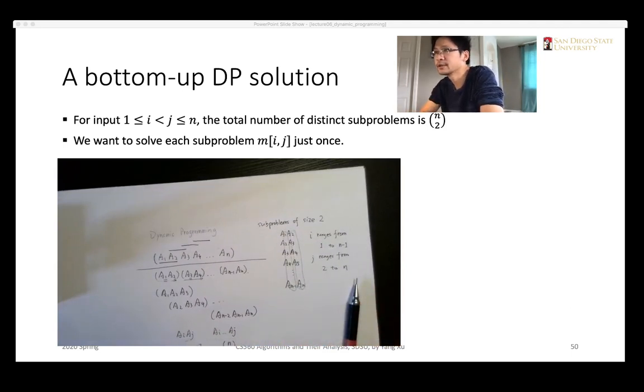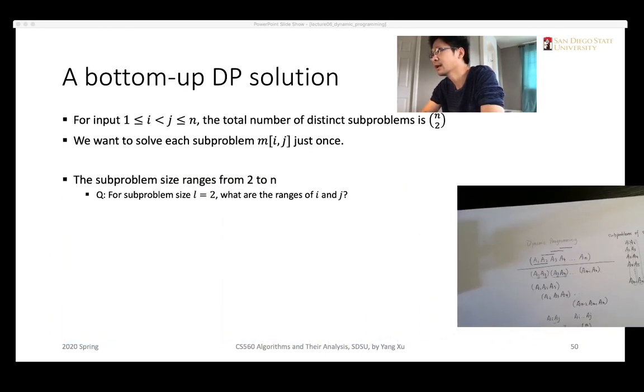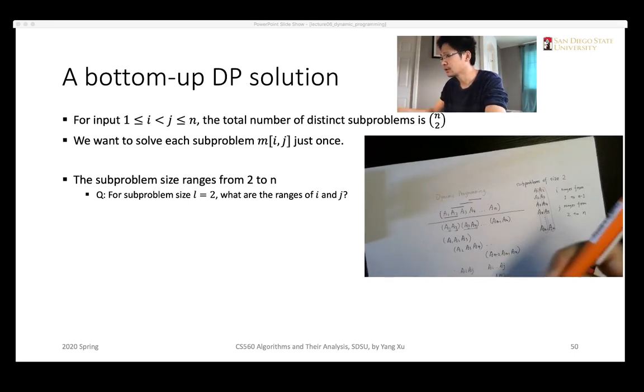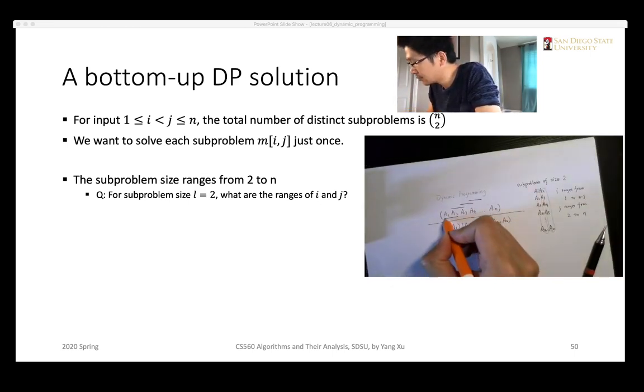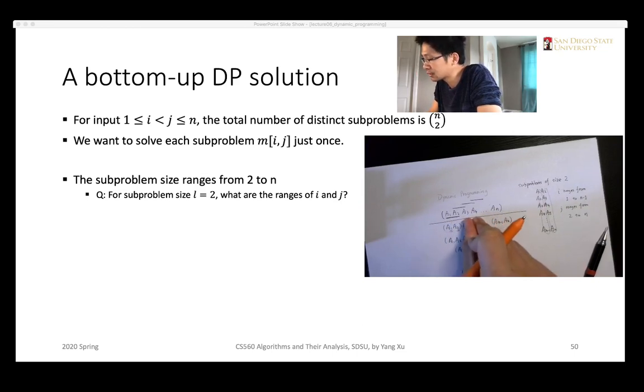Imagine there's a sliding window of size 2. You can think of this black line as a sliding window of size 2 that slides from the left end of this chain towards the right end of the chain, and each time it moves by one matrix.